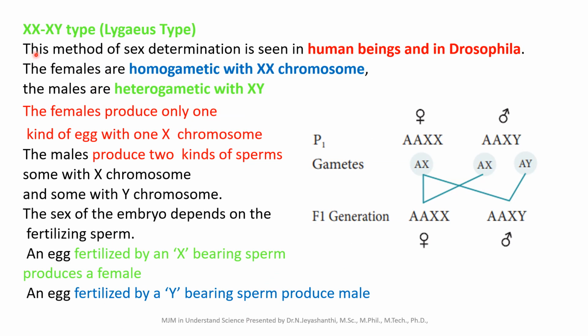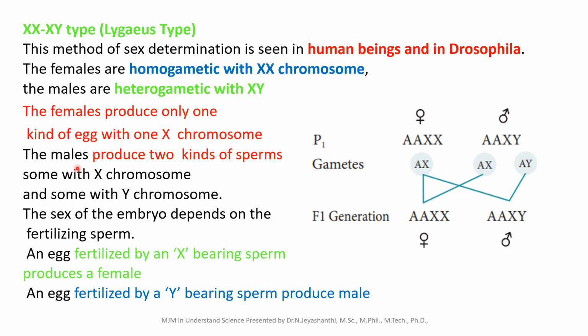XX-XY type of sex determination. This type of sex determination is seen in human beings and Drosophila. In this, females are homogametic with XX chromosomes. Males are heterogametic with XY chromosomes. The female produces only one type of egg which contains X chromosome.